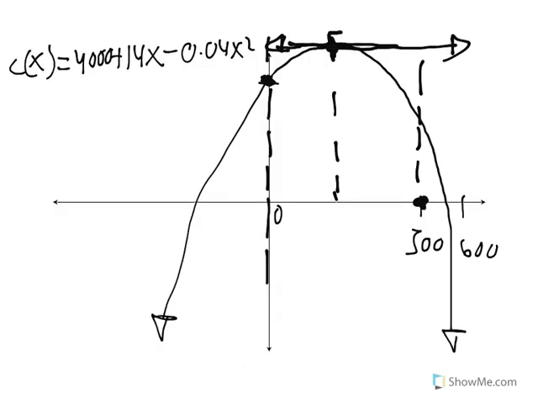And that's apartments. So the point right here is going to be 175. So all we want to do is evaluate the cost function at 0 apartments, at 175 apartments, and at 500 apartments. And we want to see what gives you the minimum because you're trying to minimize that cost function. So let's do it.